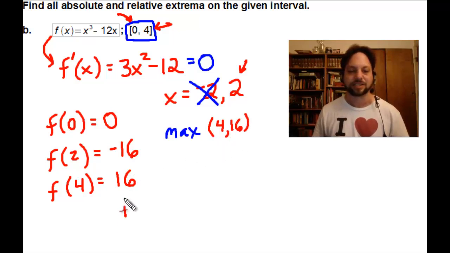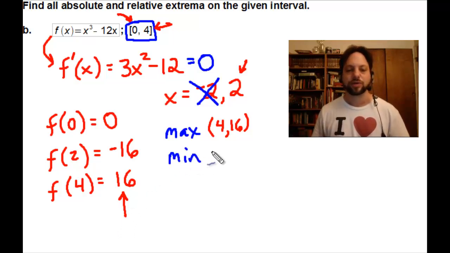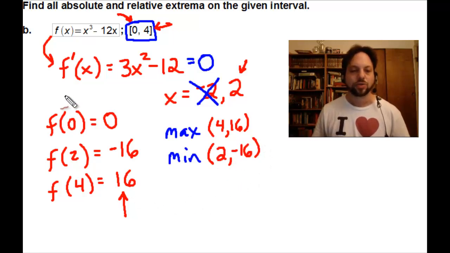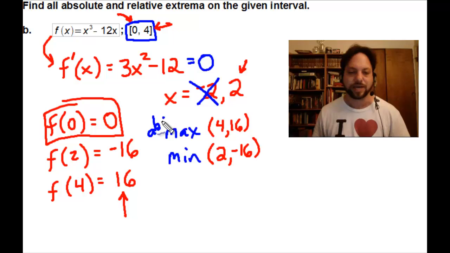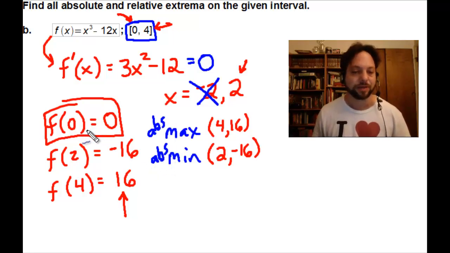That is the highest of our 3 y values. Furthermore, it looks like we're going to have a min that occurs, and that will be at 2, negative 16. So what happens with this point 0, 0 then? It's certainly not an absolute max. It's certainly not an absolute min. And maybe what I should write here is absolute max, absolute min. But 0, 0 is something.